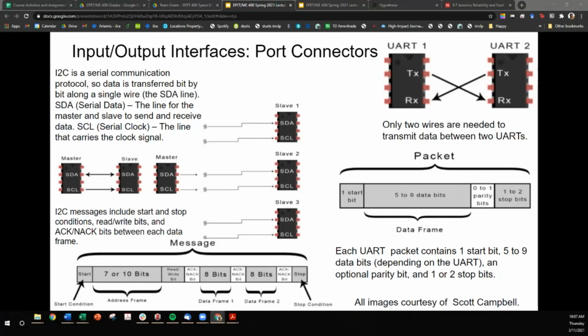The idea is that one master can control a bunch of other components. What I wanted to show from this slide is that the physical manifestation looks like a bunch of pins, but the actual digital connection can vary in the types of signals and the way that you connect. The message packets that are going through these different I/O interfaces can also vary.